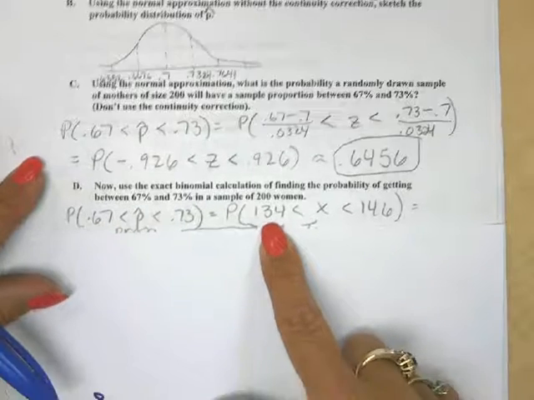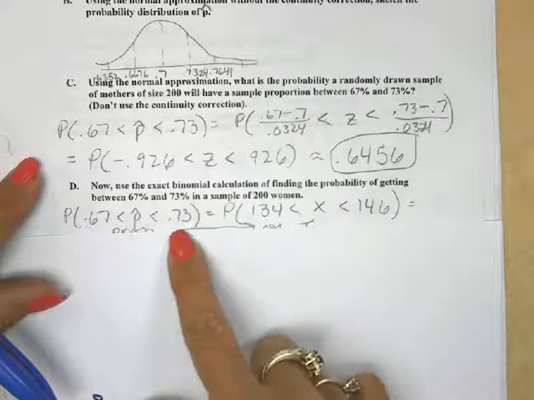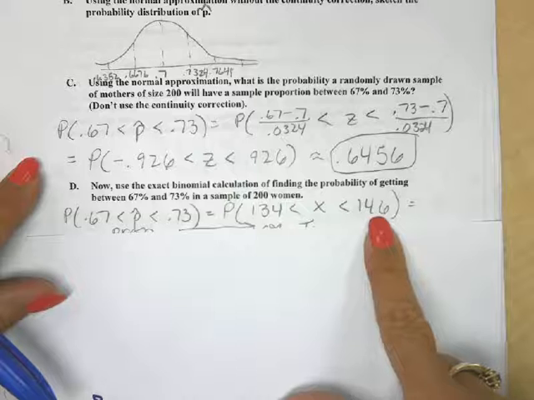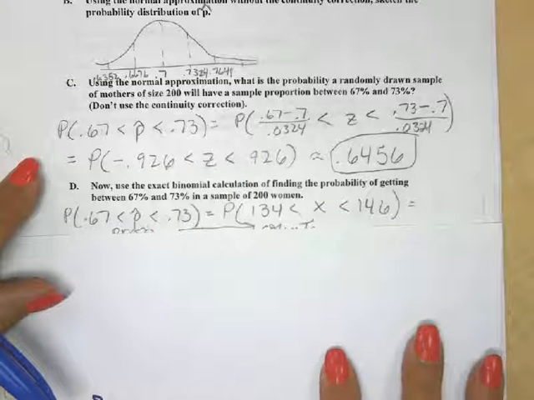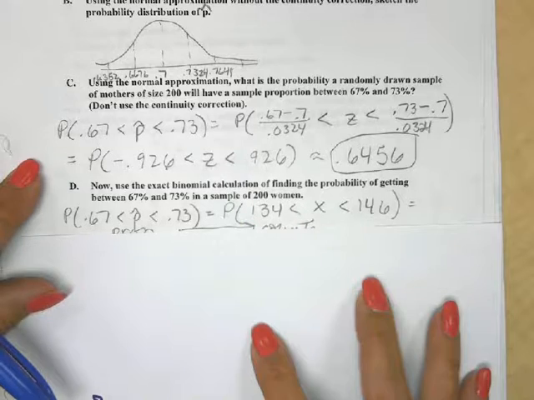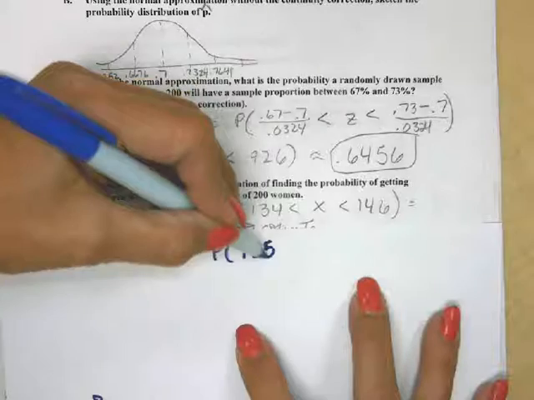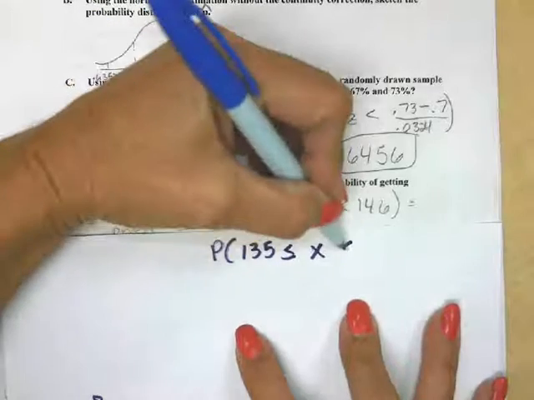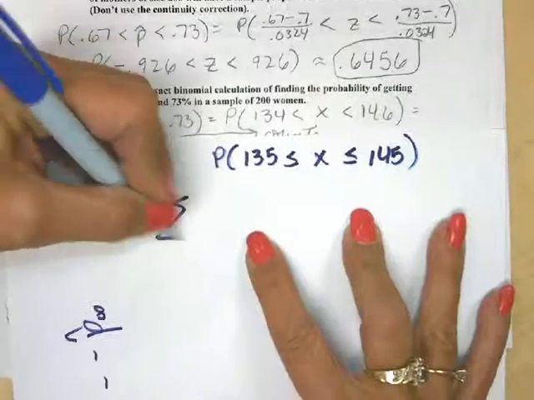And what number of women would be at 0.73? That would be 146, or 0.73 times 200 gives me this. And so if I want to do this with a binomial calculation, I really am finding from 135 to 145. We could write that in a sigma notation.